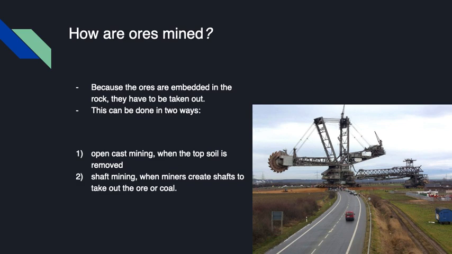And this happens a lot in Germany, where they try to get to the layers of coal which are there, but this means that a large portion of the surface of the country changes due to this mining process. And on the other hand, we do have shaft mining, where miners create a shaft deep inside the crust and then take out the ore or coal or whatever they want to mine.